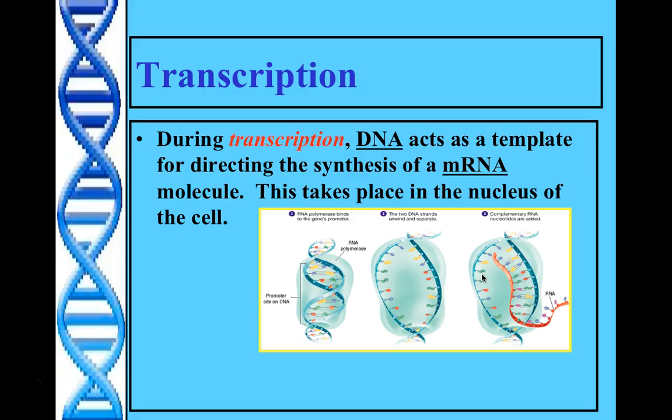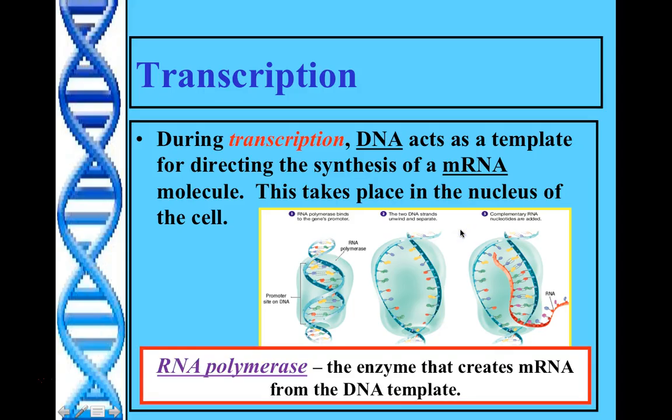That's all transcription is: you're taking that code or that language of DNA and you're turning it into the language of RNA. One more thing to note is that the way that the RNA base pairs are added, it's a very, very similar process to DNA replication, where you do have helicase unwinding or unzipping the hydrogen bonds between those base pairs.